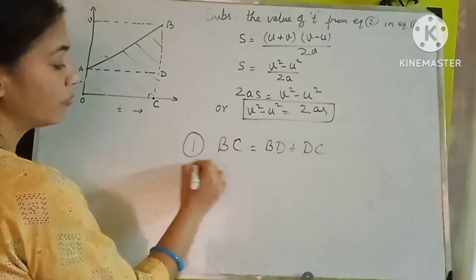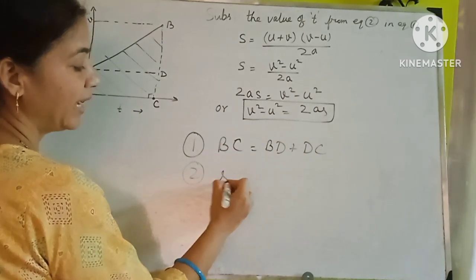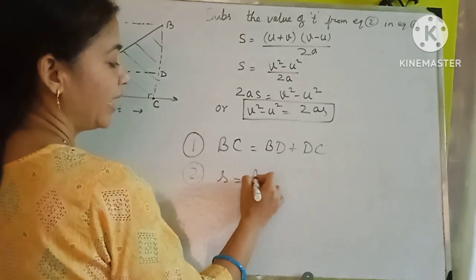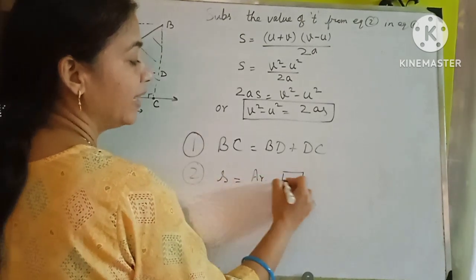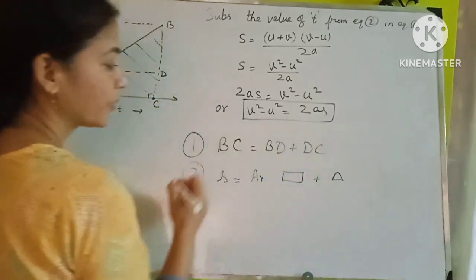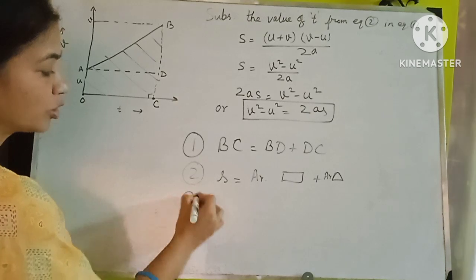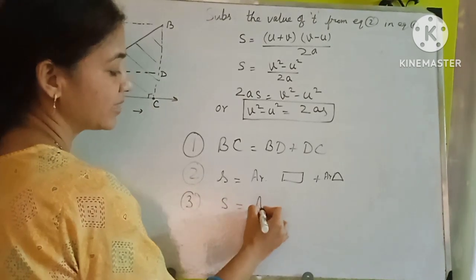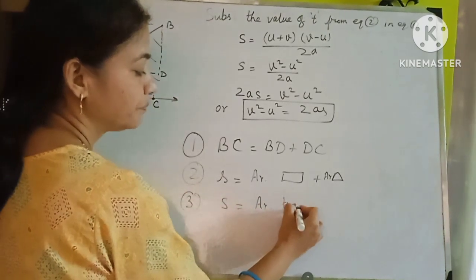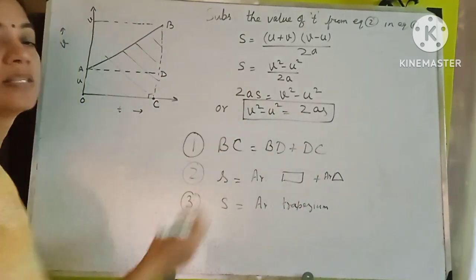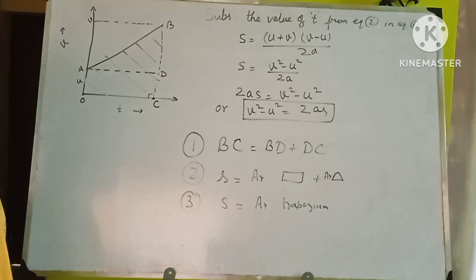For the second equation of motion, you have to start from the area under the v-t graph. It gives you displacement. Okay, and you have to take a rectangle area plus triangle area. Okay, area of triangle and rectangle, then you derive. For the third equation of motion also you start from s, but this time you have to take the complete trapezium. If you remember this, you can derive the equations very easily.